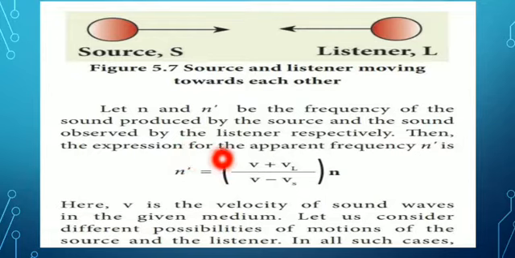The expression for apparent frequency is n dash equals v plus vl divided by v minus vs, into n. Here v is the velocity of sound waves in the given medium, vl is the velocity of the listener, and vs is the velocity of the source. S is the source, L is the listener. Let us consider different possibilities for the motion of source and listener. This is the general formula.